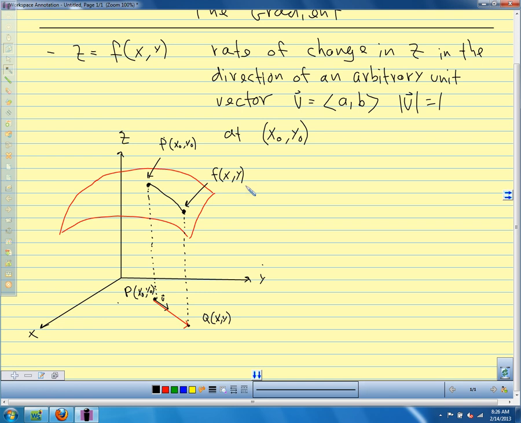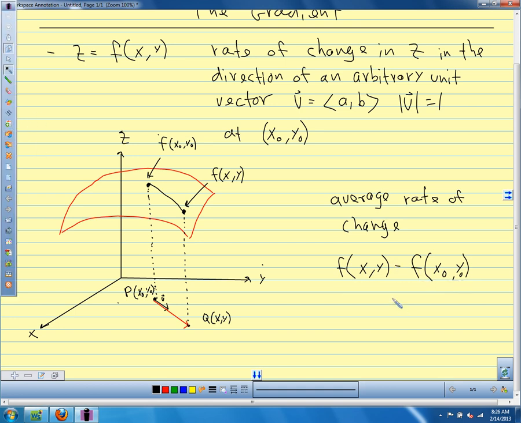So the average rate of change of the function as we move from P to Q is just the change in the function value, f of x, y minus f of x0, y0, over the length of PQ.